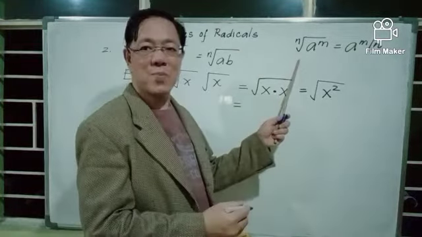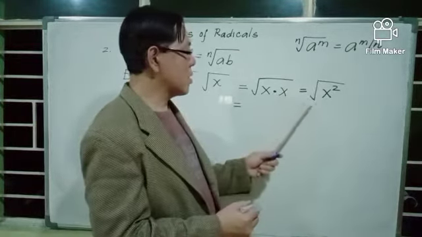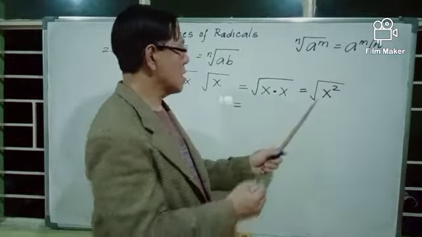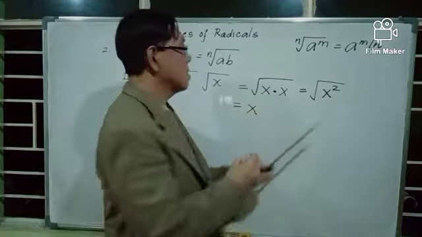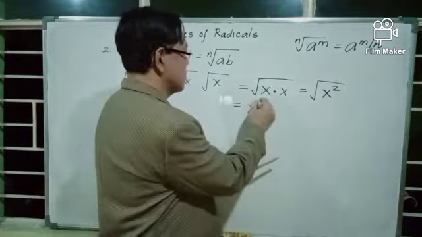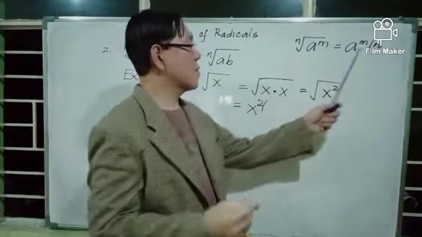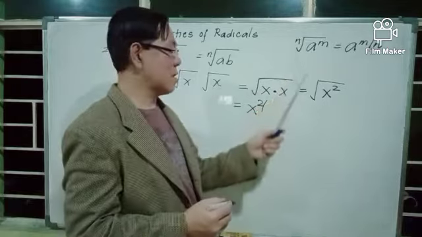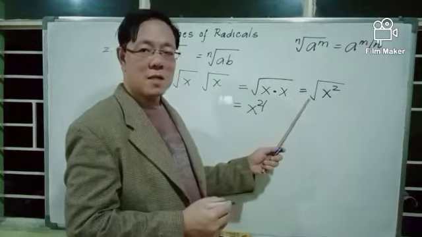Hence, applying this first property of radical, the square root of x squared equals a, which is x, to the power m, m is 2, over n. N is the index of the radical sign, and the index here is 2.